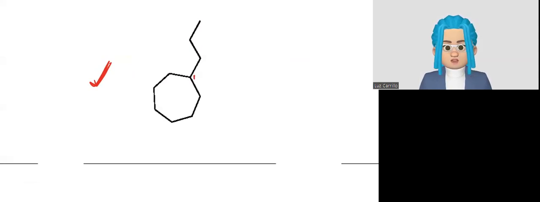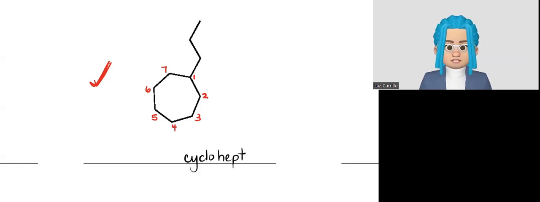I have 1, 2, 3, 4, 5, 6, 7. If I have 7 carbons, that means that this is cyclohept for 7. And since this is an alkane, cycloheptane.